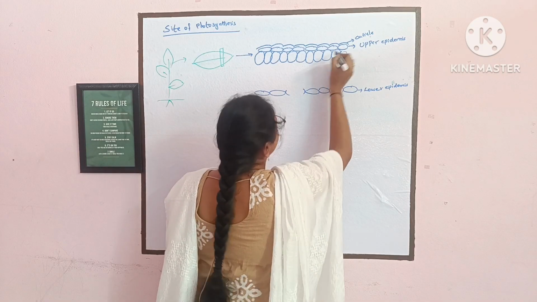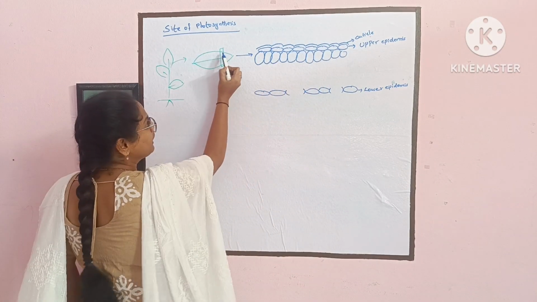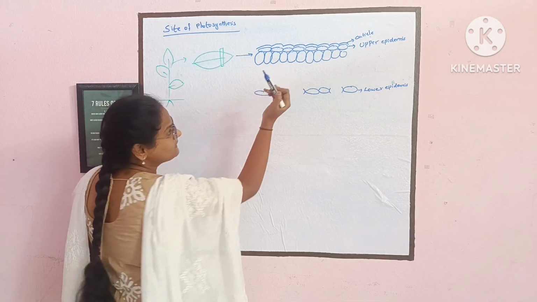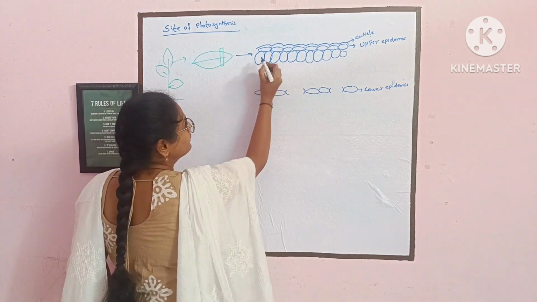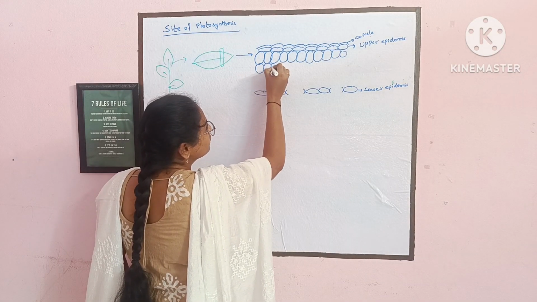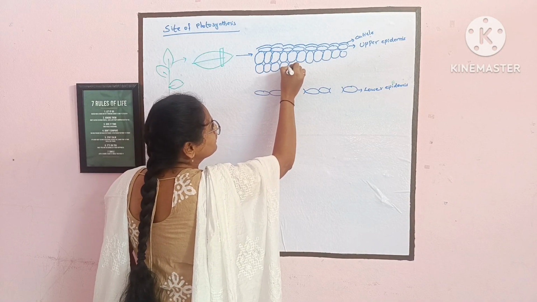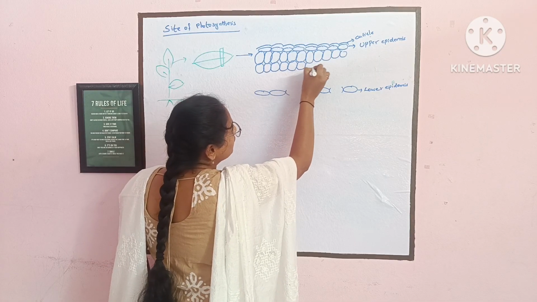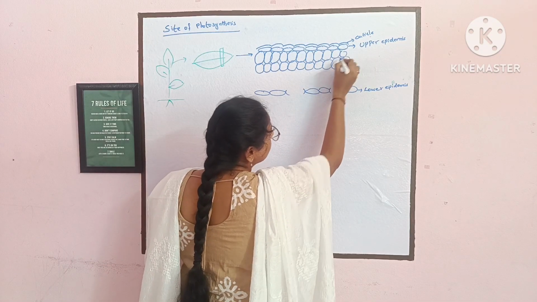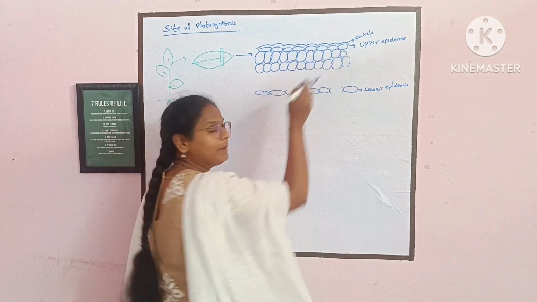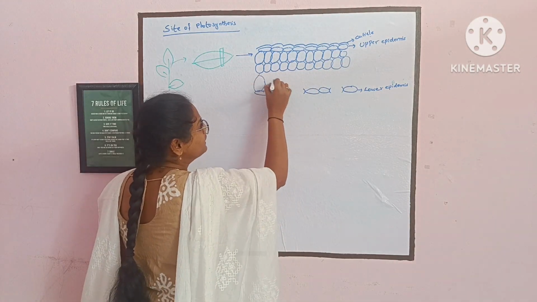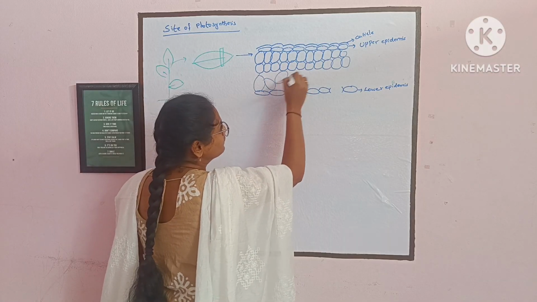Beneath the palisade parenchymatous cells, there are also spongy parenchymatous cells, which are loosely packed beneath the palisade cells. How are they arranged? They are arranged loosely.